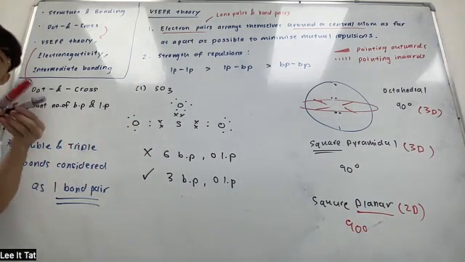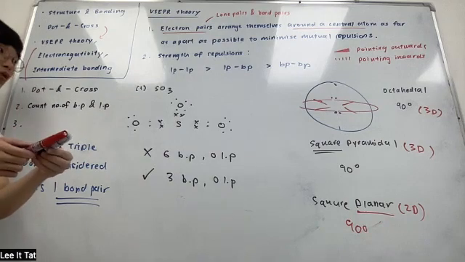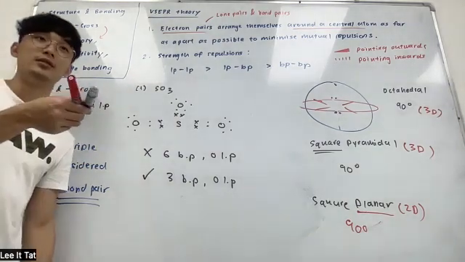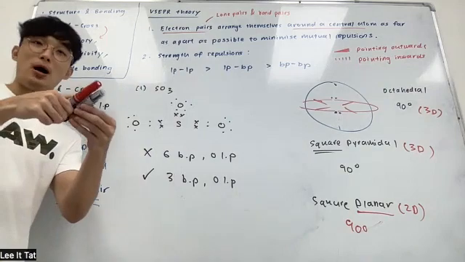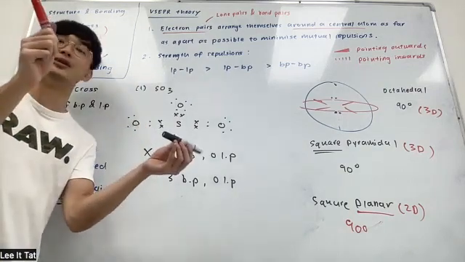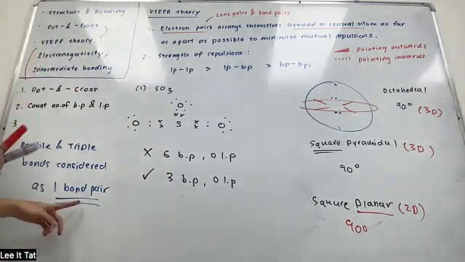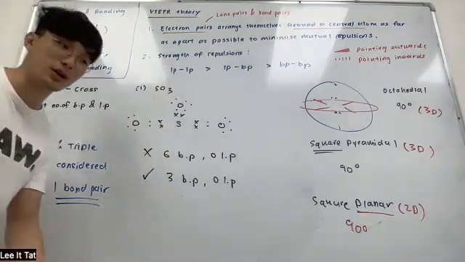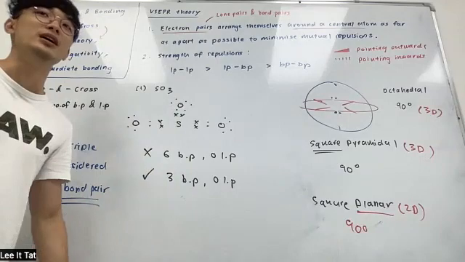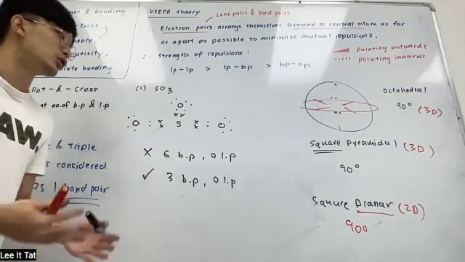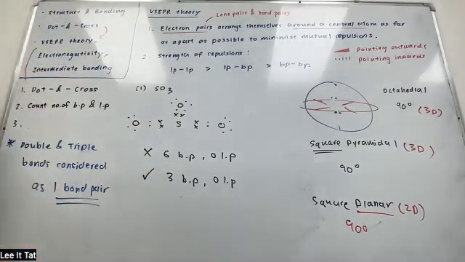Are they going to repel from each other? No, right? Double bond is a unit. They're not going to repel because they don't like each other, then become 2 single bonds. How does that make sense? Right? So a double bond is considered as 1 unit. Same thing for triple bond. A triple bond can't just split into 3 single bonds, you know. That never happens. So it's 3 bond pairs. Okay?